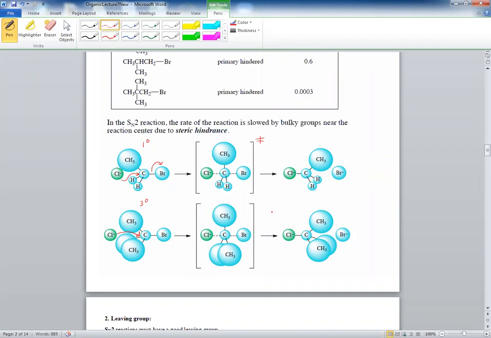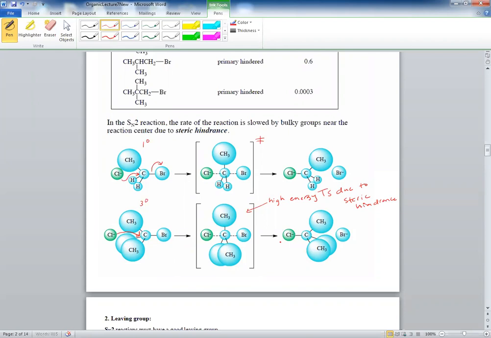So what happens here is you have a high energy transition state due to steric hindrance, or what we call steric strain.